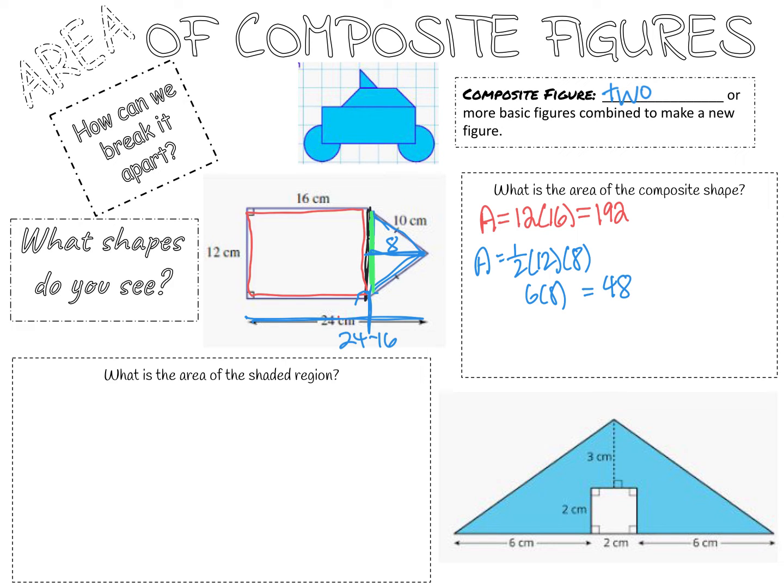Now I know the area of my rectangle, the area of my triangle, and I just need to put those together. So I'm going to take 192 and add it with 48. So my total area for my composite figure is 240 centimeters squared.